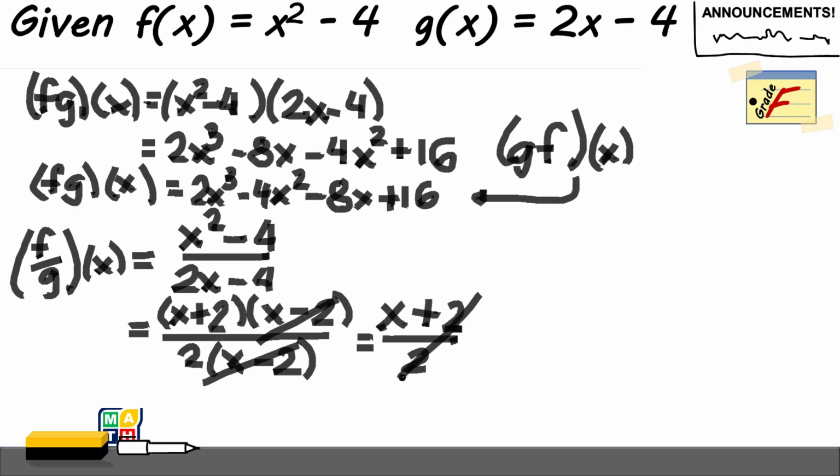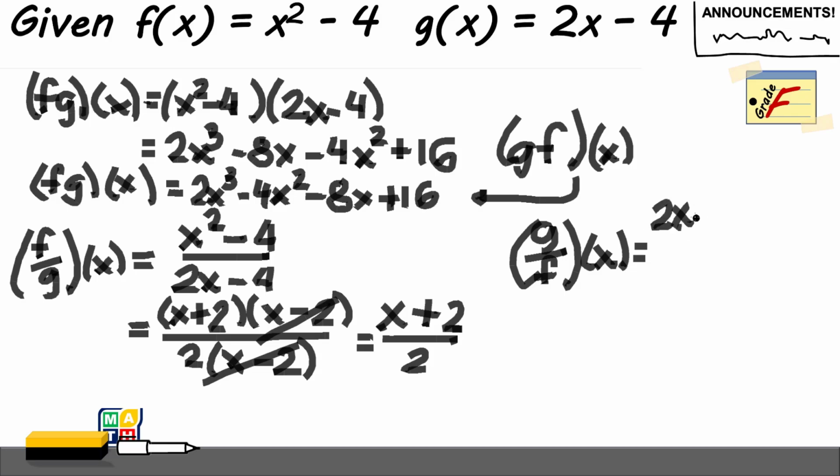Again, we cannot cancel this because the 2 on our numerator is part of a binomial expression. As mentioned earlier, we cannot have the same result if we have this next expression, g over f of x. Let's try to show. So g of x is our numerator now, 2x minus 4, all over x squared minus 4 being the denominator, where x squared minus 4, our f of x, is not equal to 0.